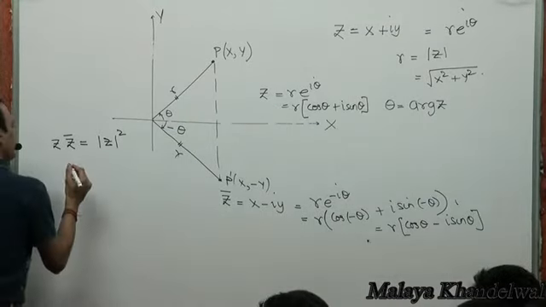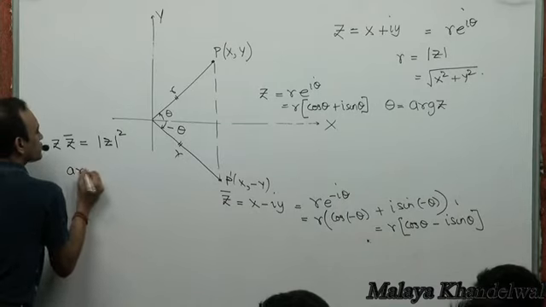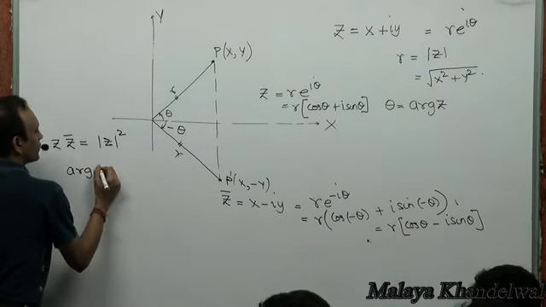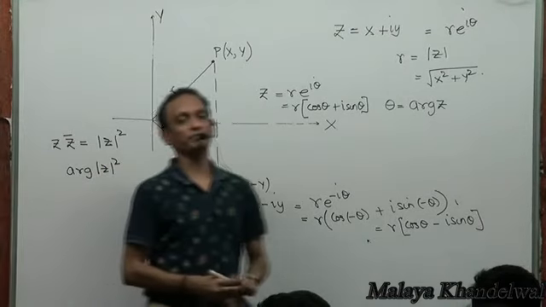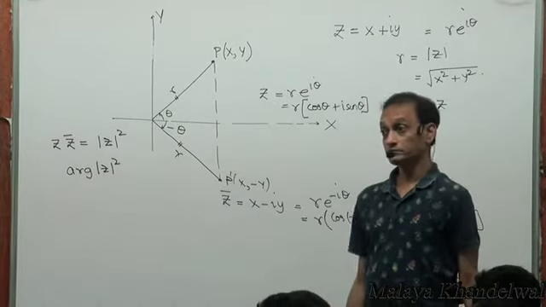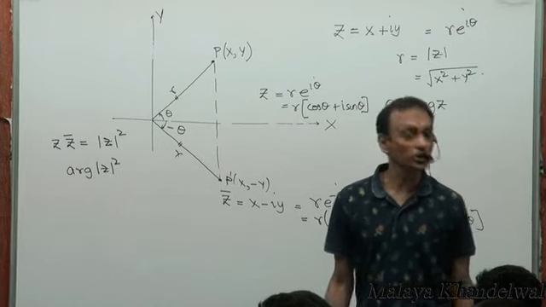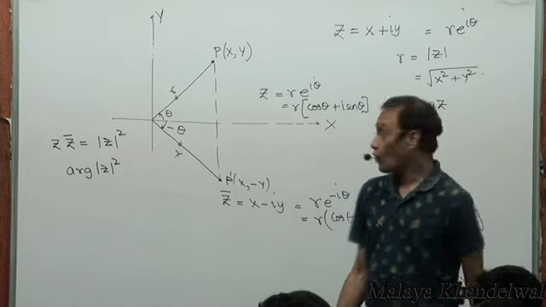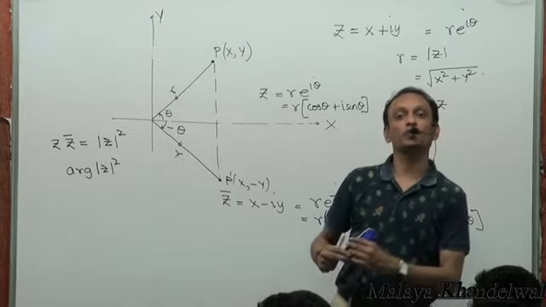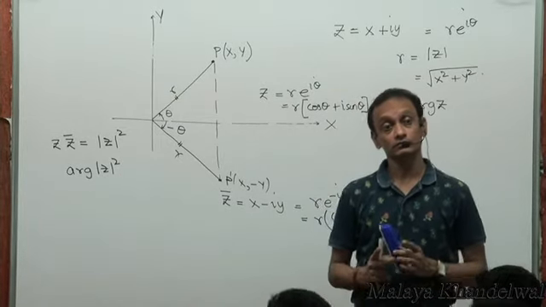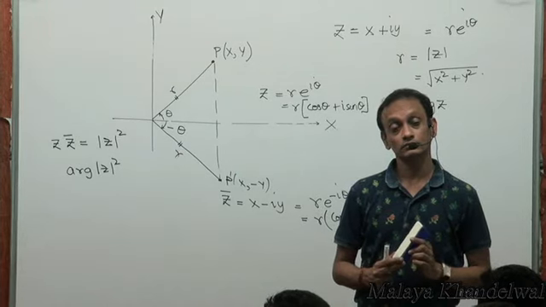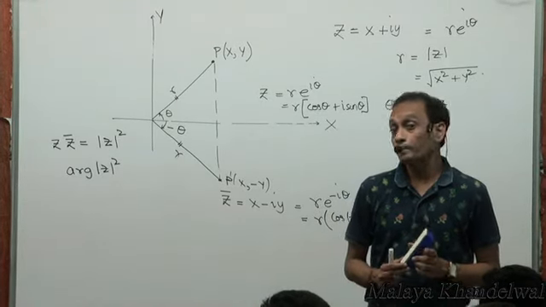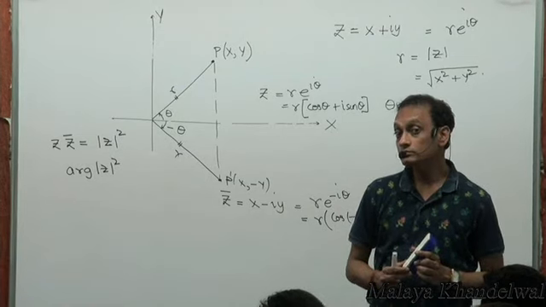Okay, if I ask you this question, argument of mod z squared, what would that be? Assuming z is not the origin, what would argument of mod z square be? Okay, mod z is a real number, right?